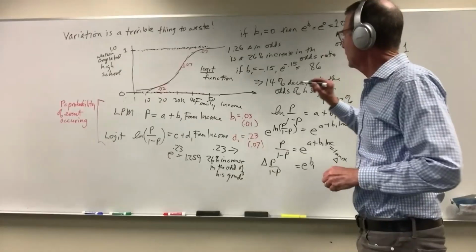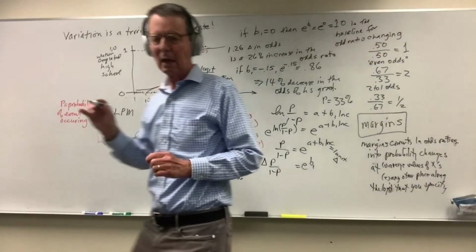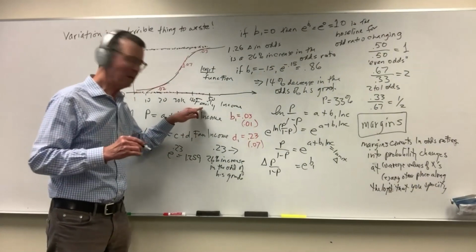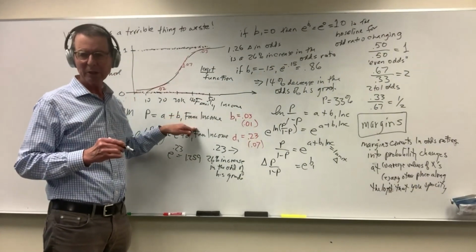I have a question. Sure. Going back to the interpretation in the middle of the board, let's do the top one. A 1.26 change in odds is a 26% increase in the odds. What is it a 26% increase in the odds of? Is it a 1 unit change in income? Yeah, all these things are a 1 unit change in the independent variable in your regression.